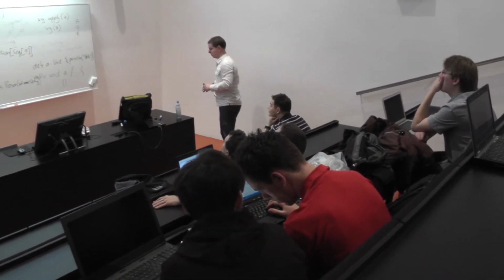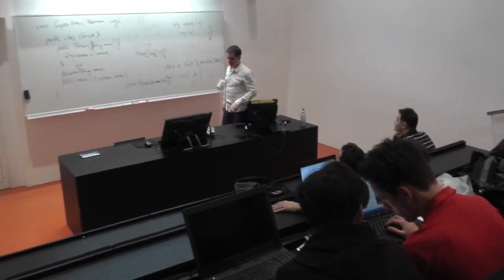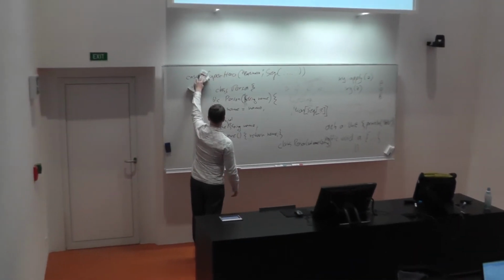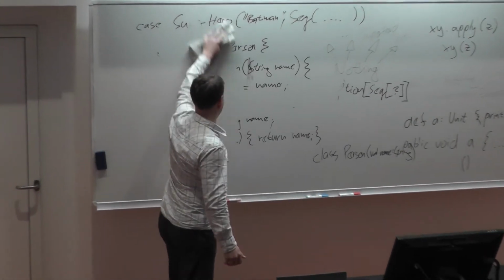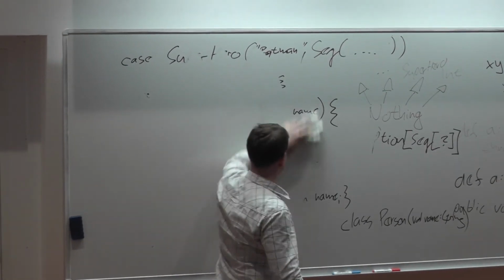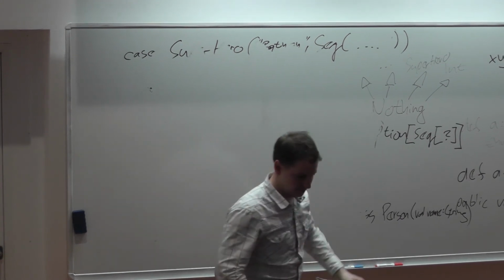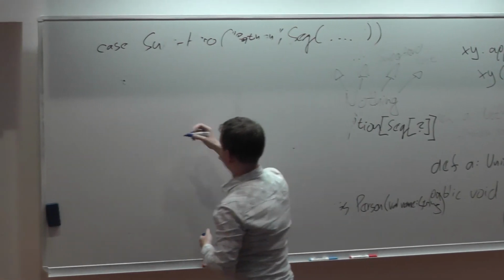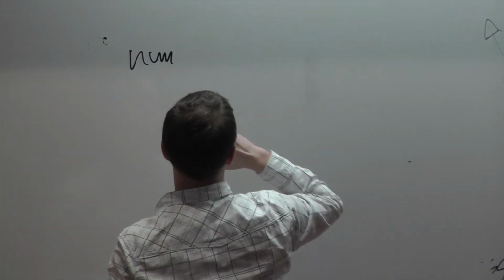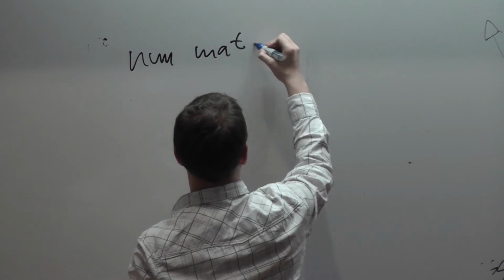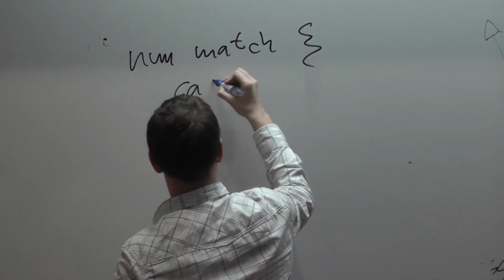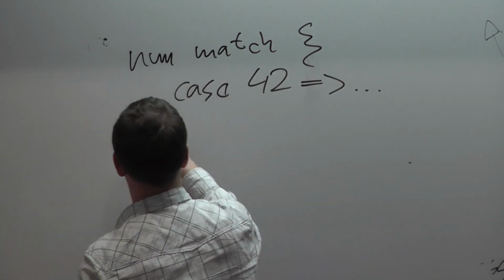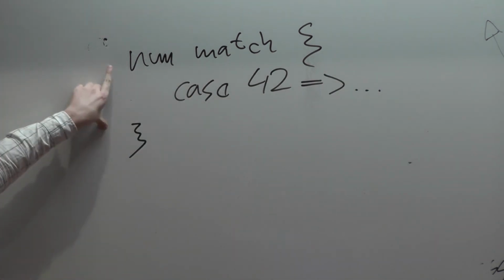And there is one more thing. I have told you that the compiler is able to check your match expression to see if the match is exhaustive. For example, if you have a number and match it, would this match be exhaustive?